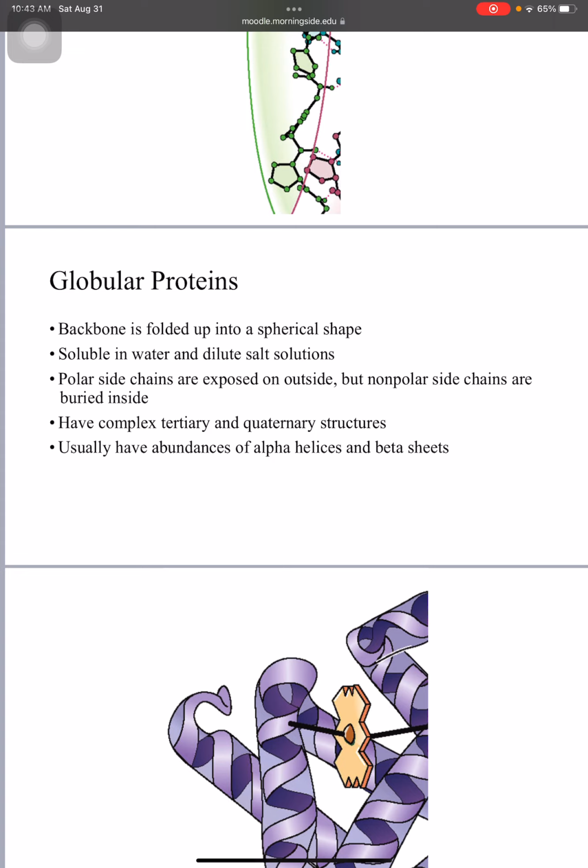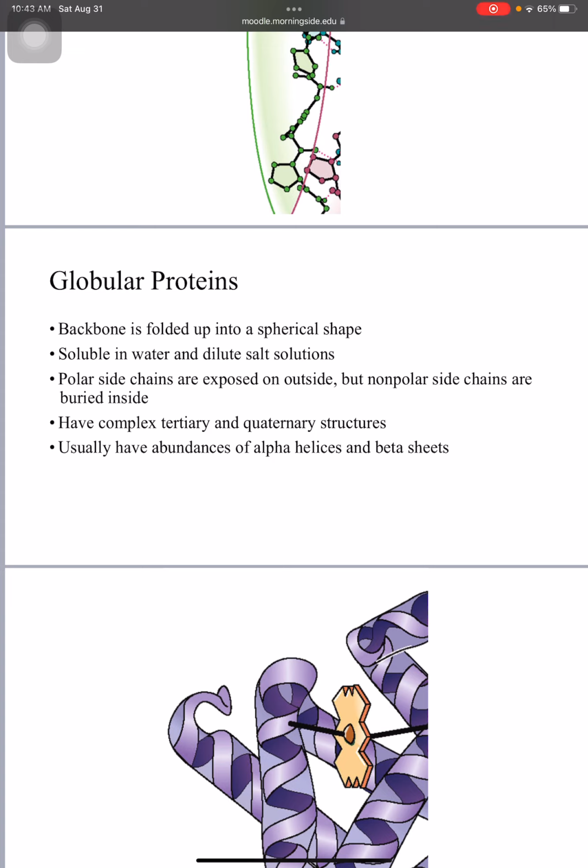As you form the spherical fold, the polar side chains try to arrange themselves so that they're exposed on the outer surface of the protein, because most frequently these proteins are going to be exposed to water, right? So the polar side chains, they like being exposed to water, so they want to be on the outside. The nonpolar side chains are generally buried inside.